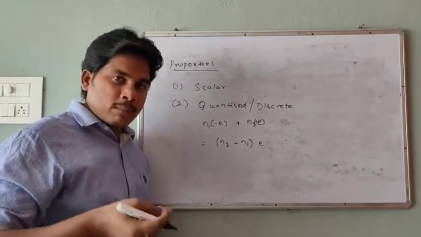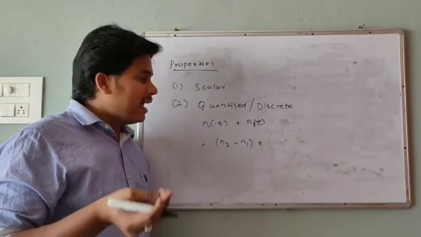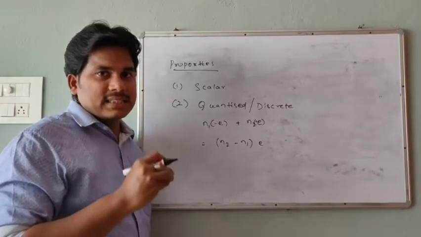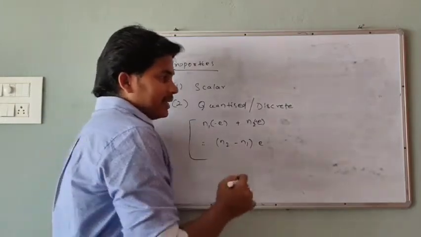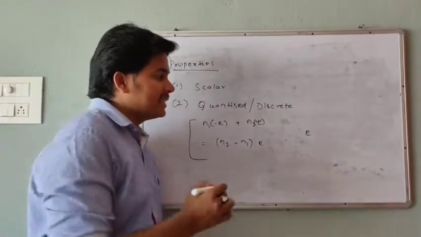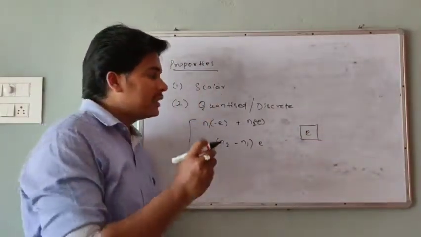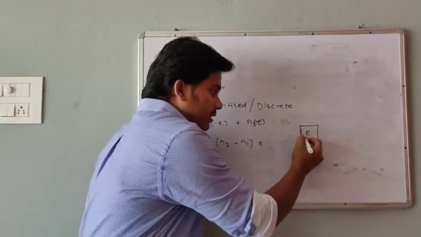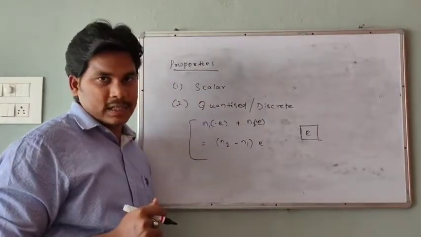Means there are particles which have the charging property. That's why every body has a charge that is a multiple of E. Means there is no continuous charge, there is a package of charges, and the quantity of charge is a multiple of E. That's why this is the quantized or discrete nature of charge.